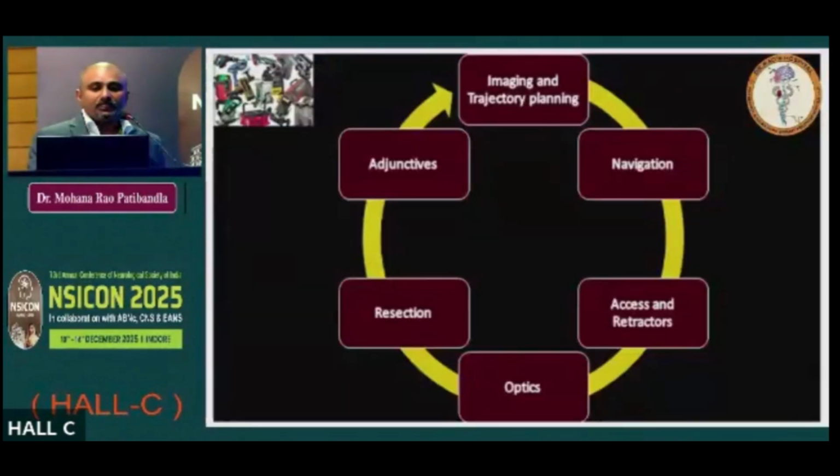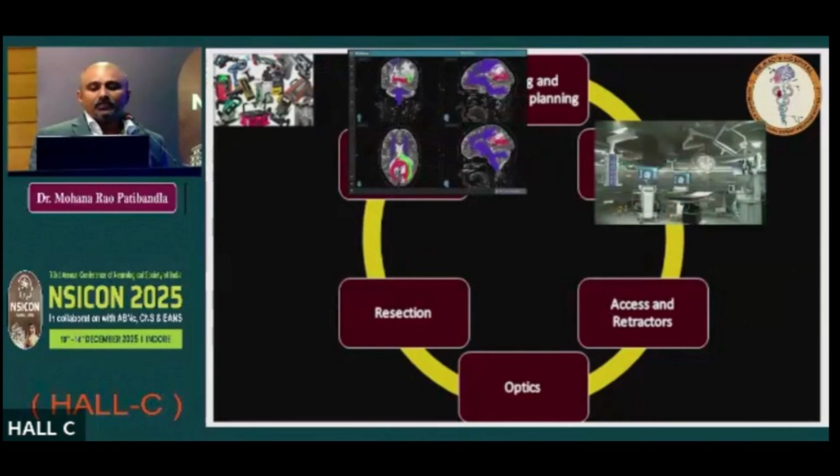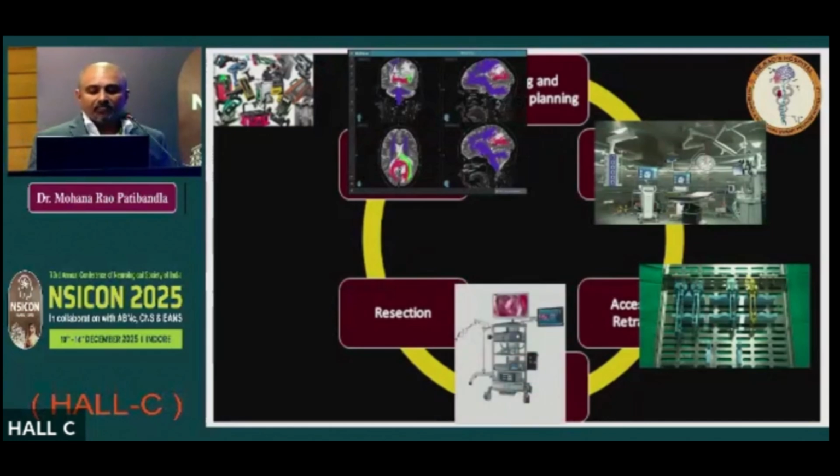and clinical outcomes. The basic things we need: here I am showing the tracts. First we identify the tracts, then we use them through the navigation, and then we use these tubular retractors, which disperse the pressure sequentially instead of rectangular retractors.